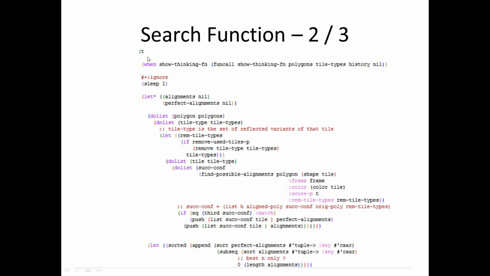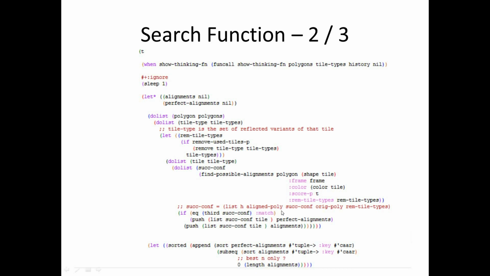Else, our current configuration polygon is not a solution, and hence we need to expand the search space. We do so by computing successor configurations. For each component polygon in the current configuration, and for each tile type and its reflected variants, we are considering all possible alignments of the tile with the component polygon.